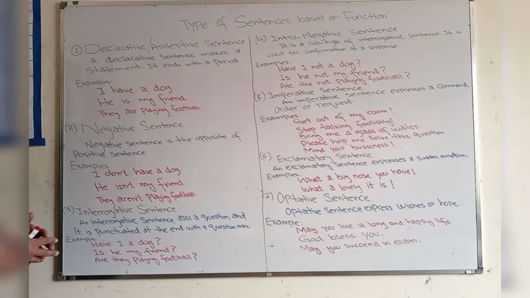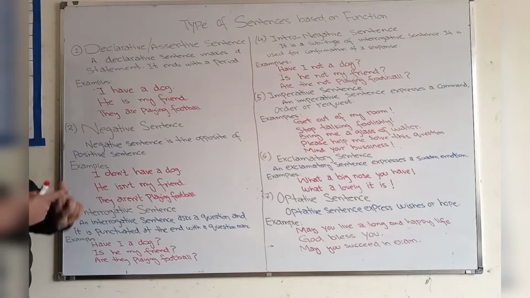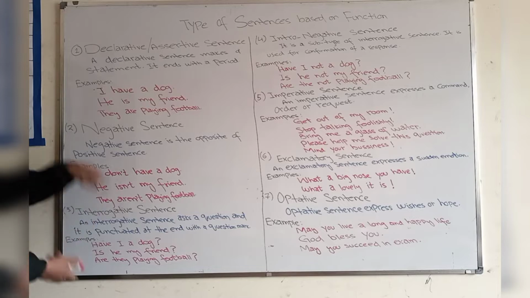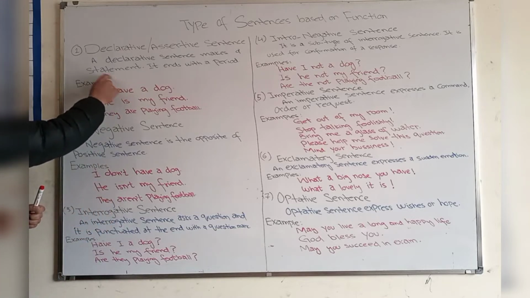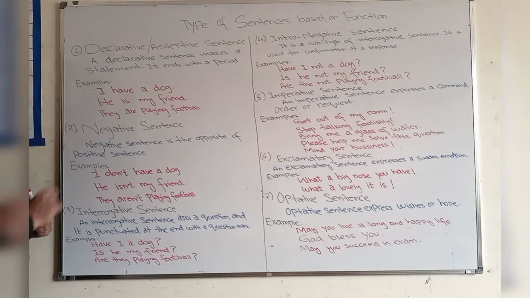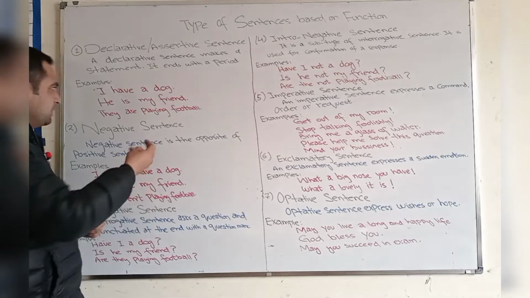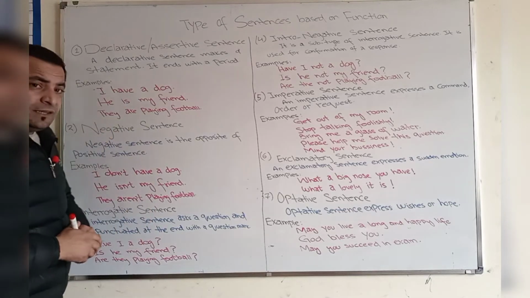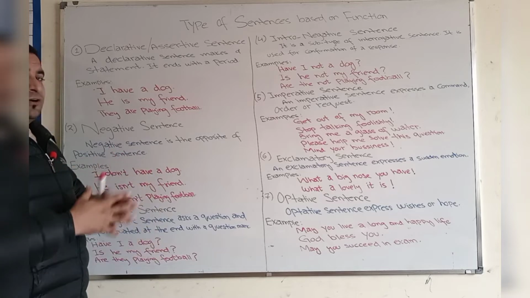Now let's look at the examples we have been discussing. I have a dog, positive sentence, declarative. I don't have a dog, negative sentence. Now, in order to make it an interrogative sentence, you're supposed to bring the helping verb to the beginning. If there is a helping verb in the sentence, put it at the beginning of the sentence, and it will make it an interrogative sentence.